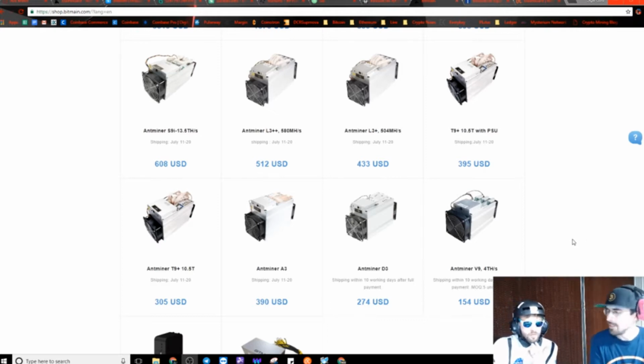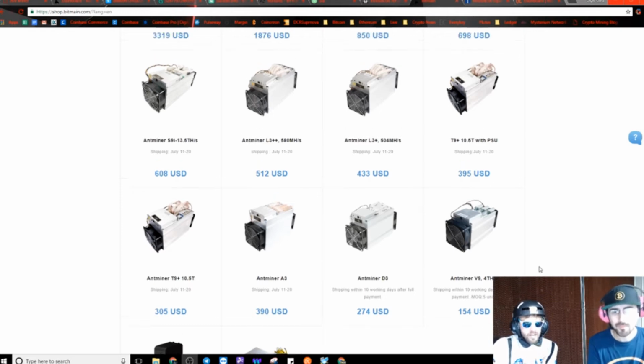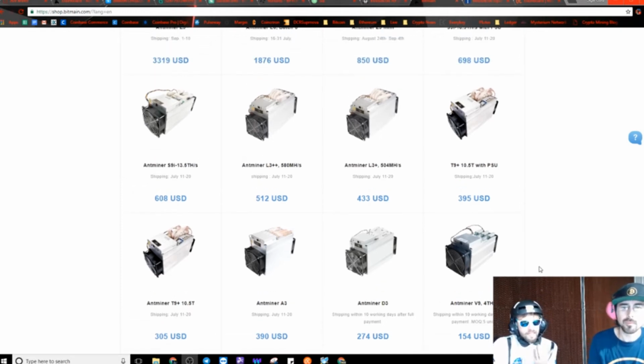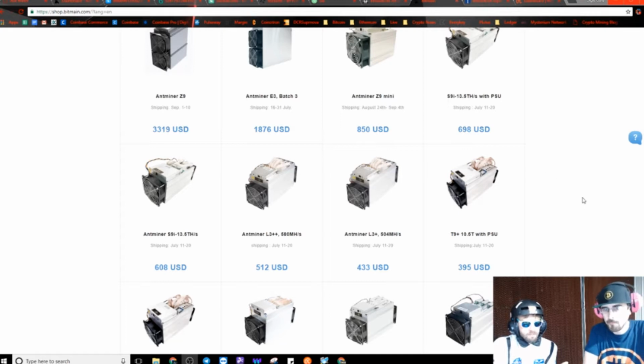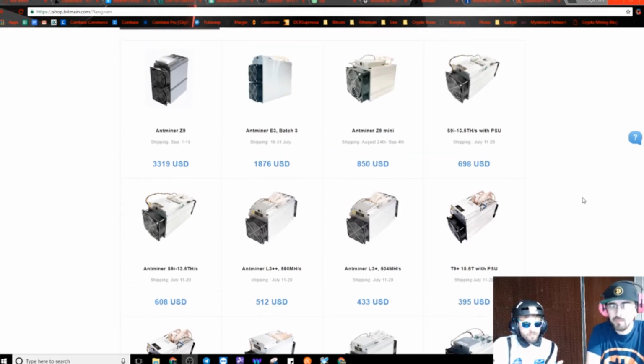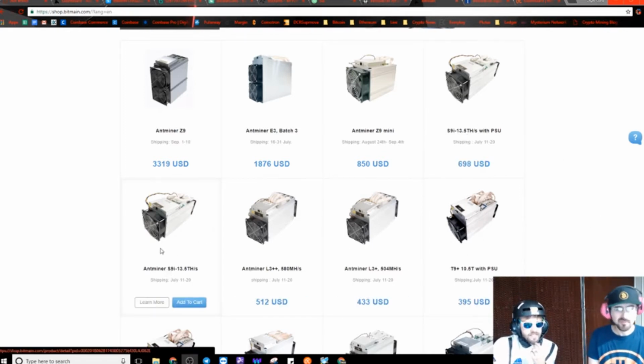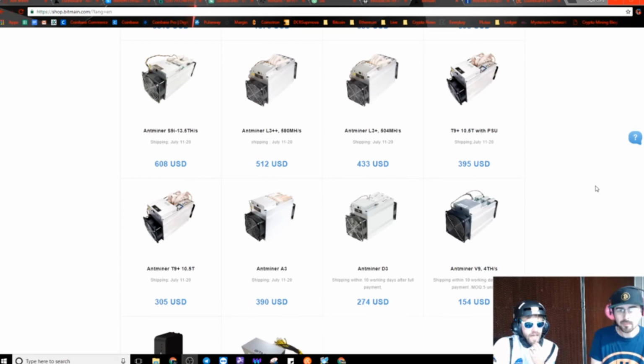We haven't seen the massive terahashes. I think one company announced the big terahash for Bitcoin, but it was the same thing you're saying, John, with the price. It wasn't worth it. So they're releasing these little repackaged S9 stuff, creating some Minis.